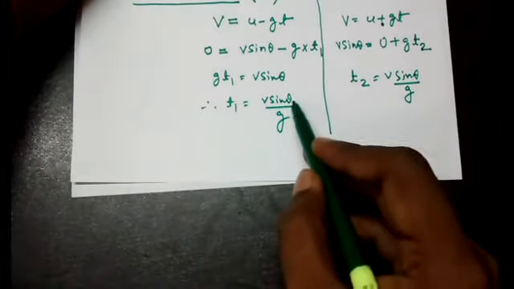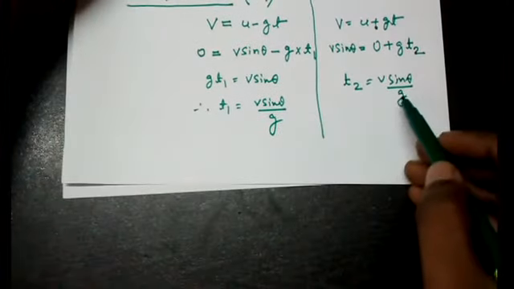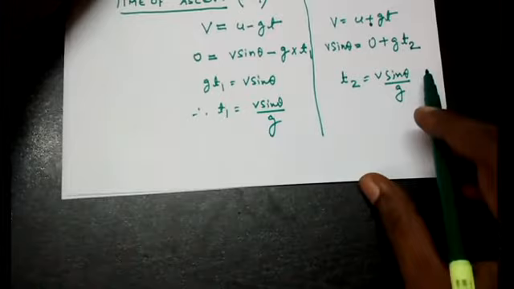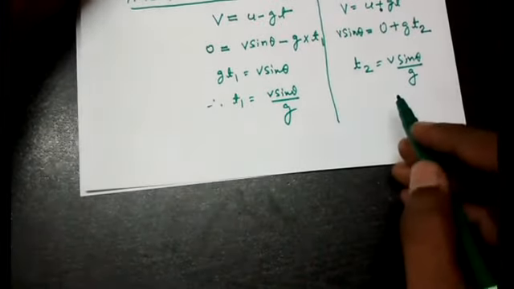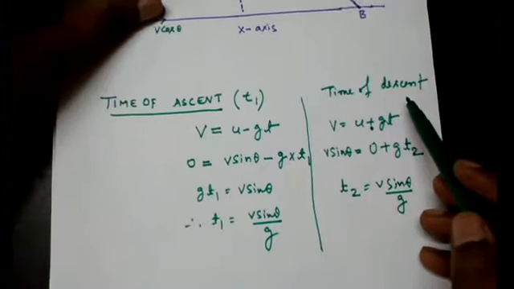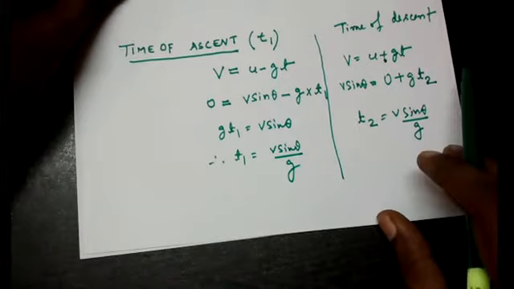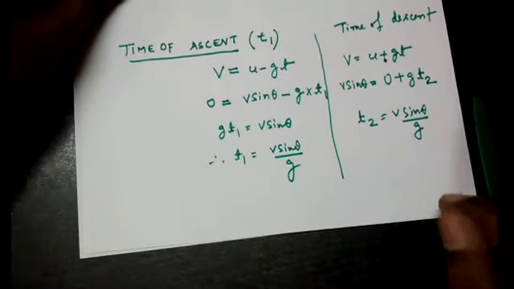Time of ascent is v sin theta divided by g, and time of descent is v sin theta divided by g. So the two results are the same, so we conclude that time of ascent must be equal to time of descent, and this must be, otherwise the energy conservation law will not be valid.